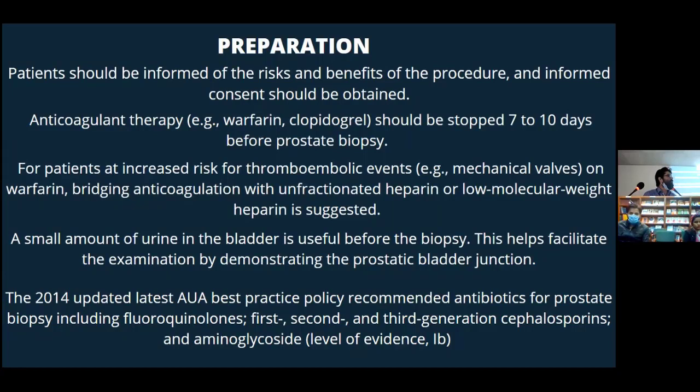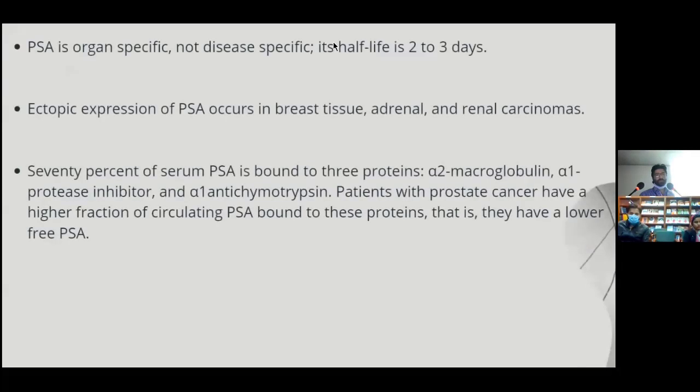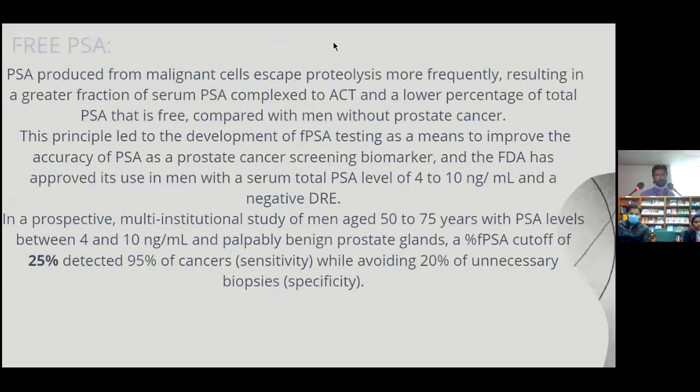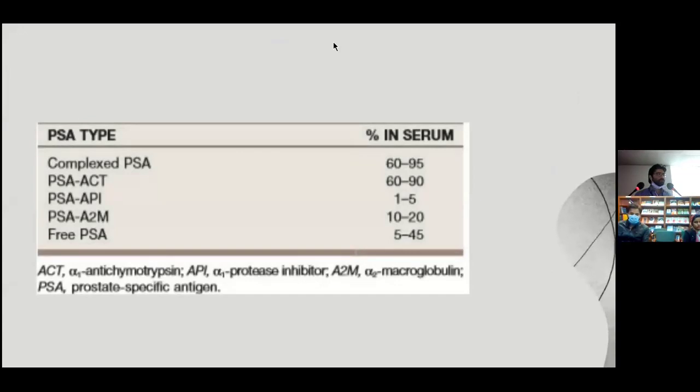The second point I want to mention is, if you go back to the various isoforms of PSA, the value of different kinds of isoforms, and taking into consideration all those, is in the form of PHI, that is Prostate Health Index.